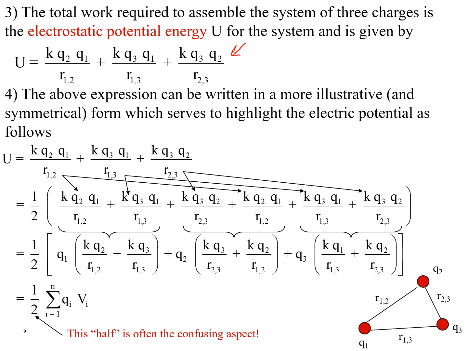So I take the first term in the sum out here, that's this red term, and I write it as a sum of half of this term out here and half of this term out here. I'll choose a different color, maybe a blue color, and I'll underline the second term out here.